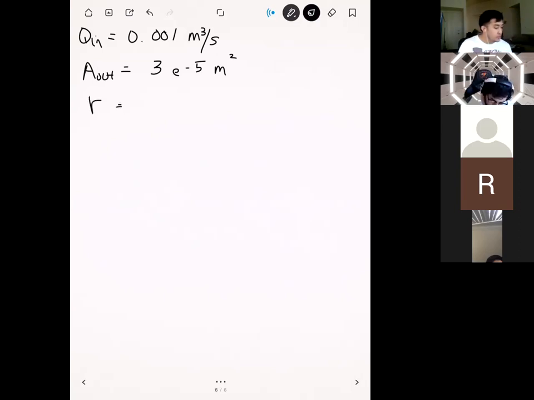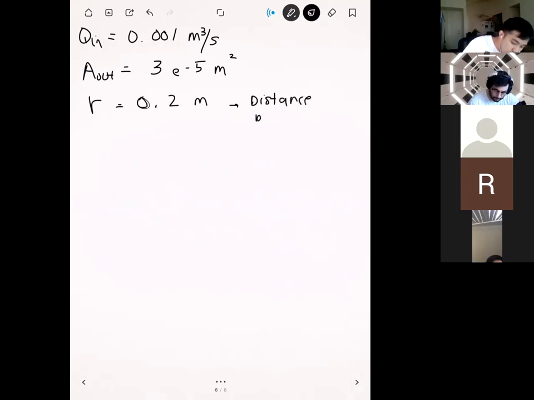And so another thing that we can say is that the distance between the sprinkler heads and the middle shaft is going to be 0.2 meters. And we'll say that this is the distance between sprinkler head and rotation axis, or we'll say shaft.